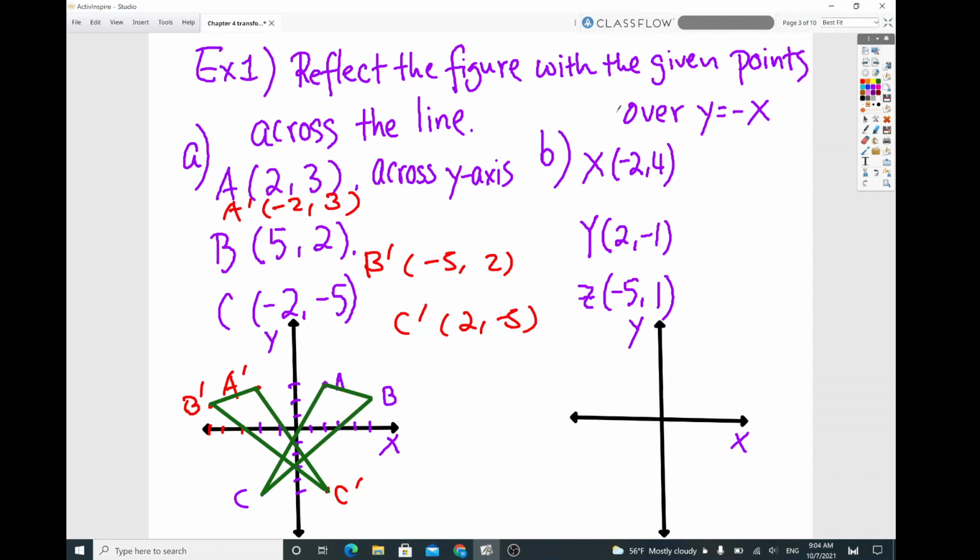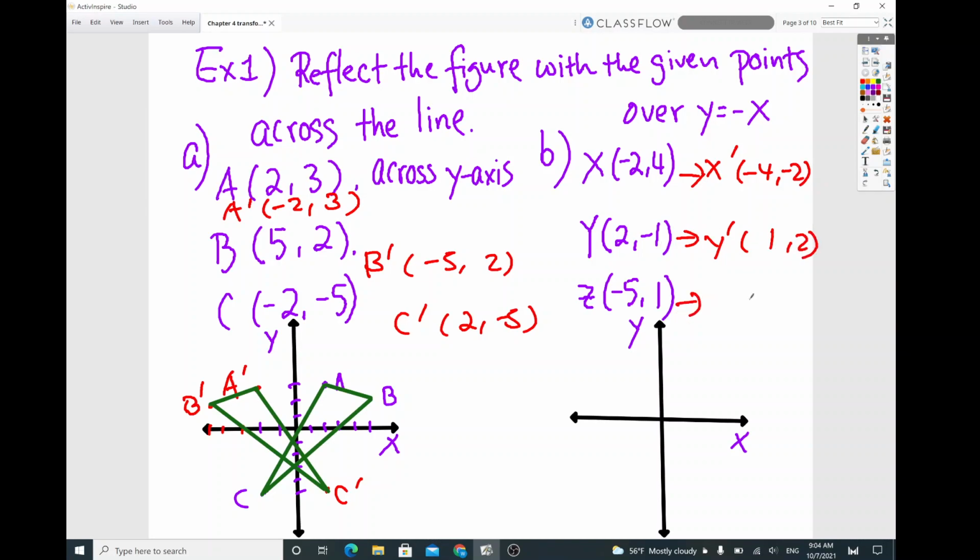Here's another one: reflection over the line y equals negative x. Besides switching the x and y values, we also need to negate the new x coordinate to its negative. So negative 4 comma negative 2. Okay, Y prime: switch the x and y values, so negative 1 comma 2, but also convert the x value to its opposite, so it's 1 comma 2.